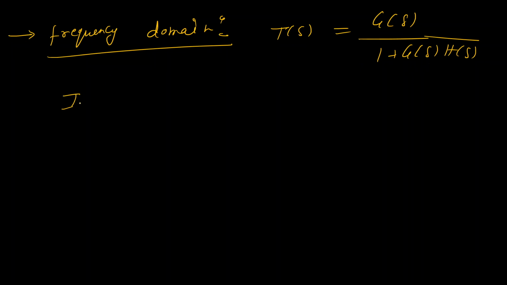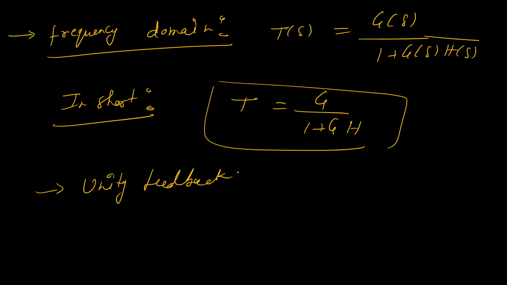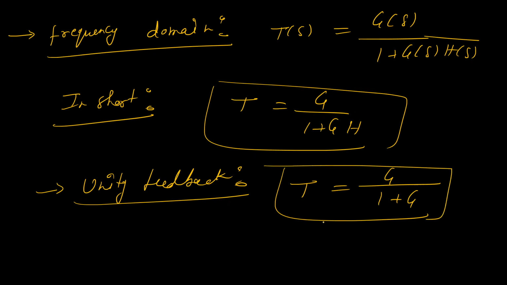So in short, we can also represent this as T is equal to G upon 1 plus GH. This is also correct. And for unity feedback, we can also write the transfer function like G upon 1 plus G. This is also correct, because it is understood that we are covering our whole chapter in frequency domain.